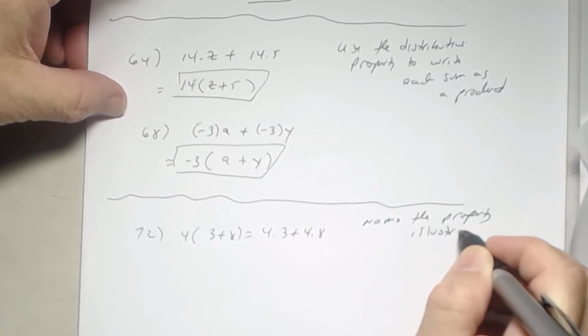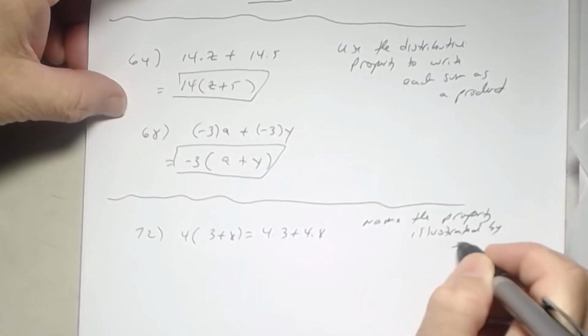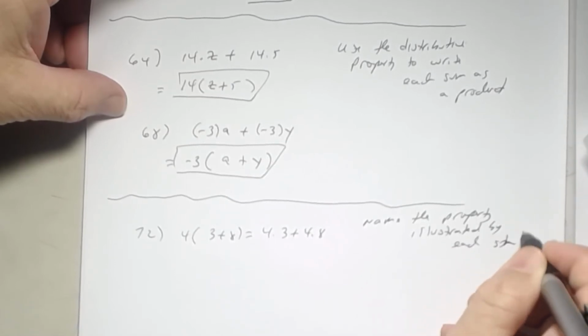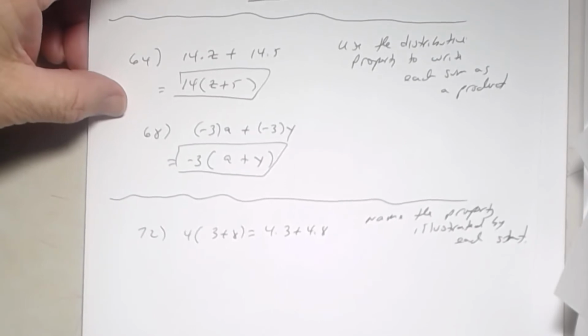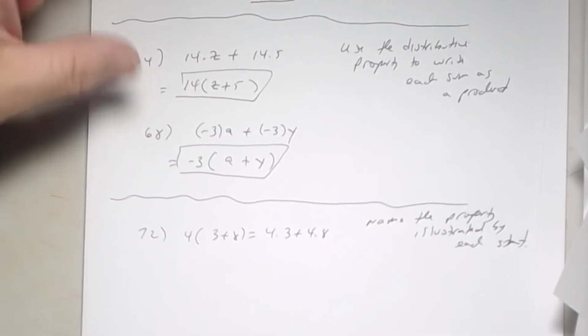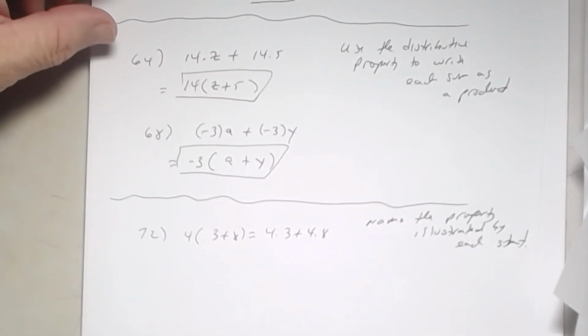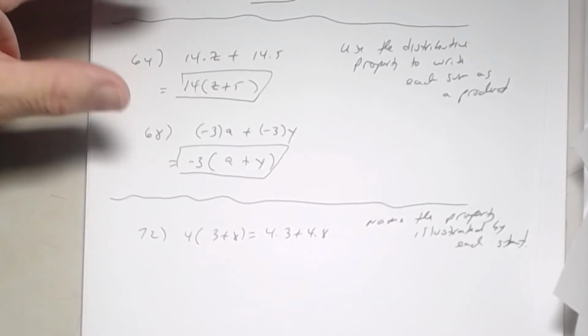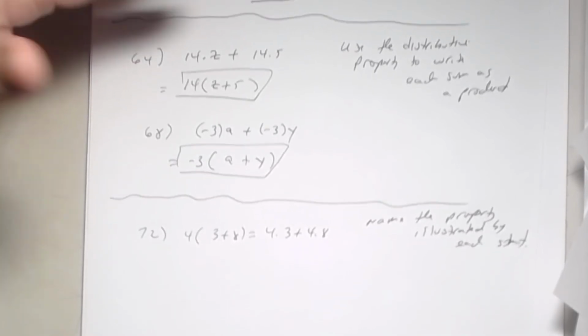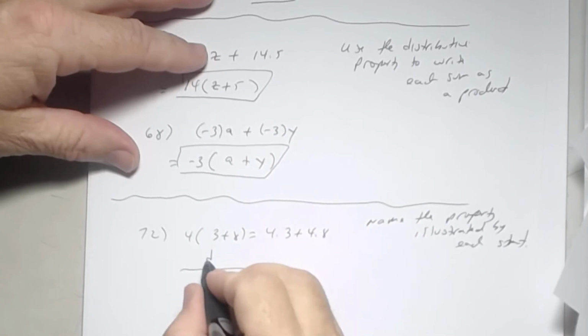Okay, so name the property illustrated by each statement. So what property is this? What property? Say it. Distributive property. Here's your answer.